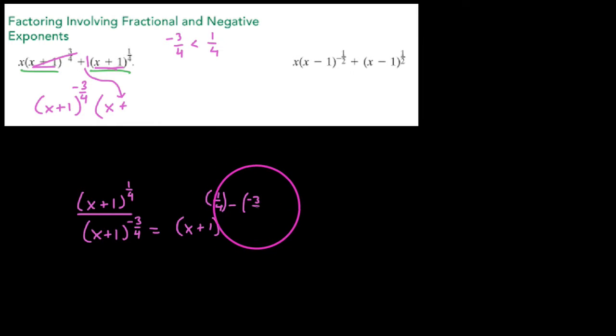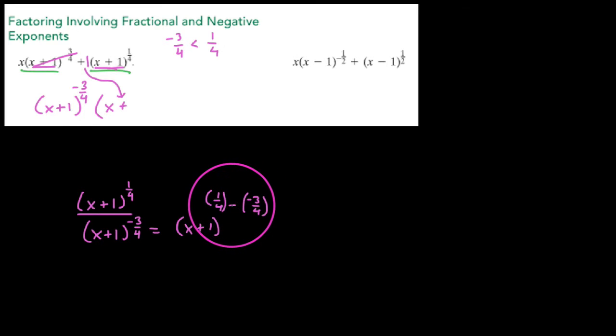When you factor something out, you are dividing out what was already there. If I took x plus 1 to the 1/4 and divided it by x plus 1 to the -3/4, using our rules of exponents, we get x plus 1 to the 1/4 minus -3/4.